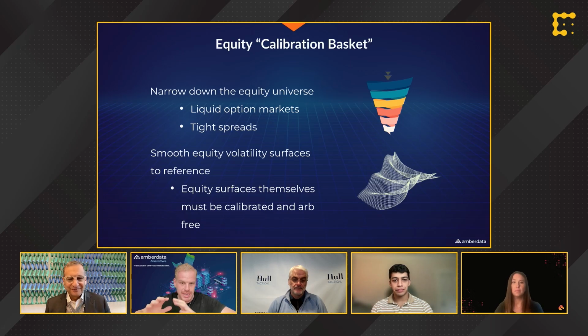So we took the whole equity universe and narrowed it down to stocks with liquid options markets and relatively tight spreads. Then we paid a lot to get well-calibrated equity vol surfaces as the core set of ingredients for what we're doing.